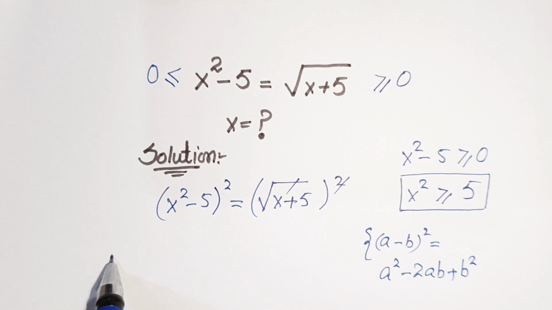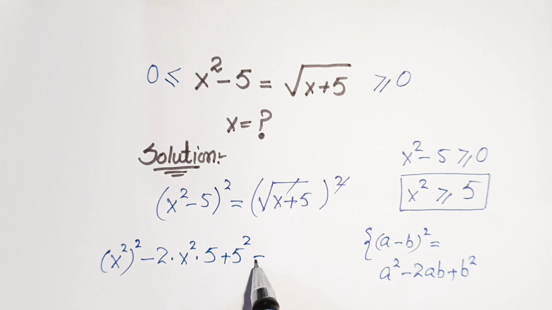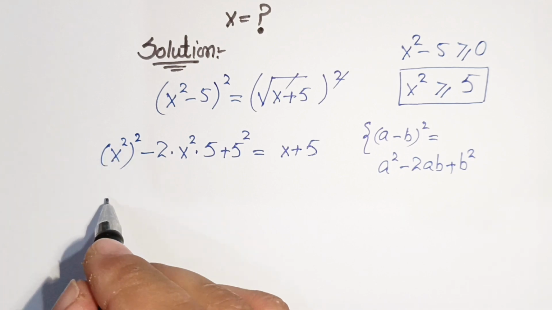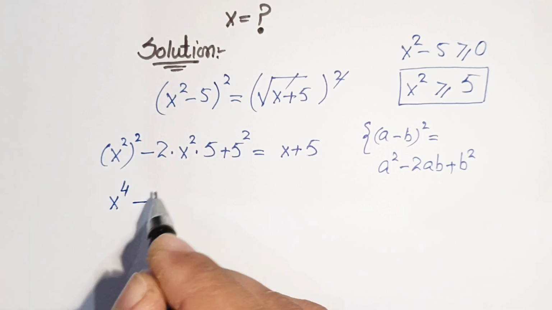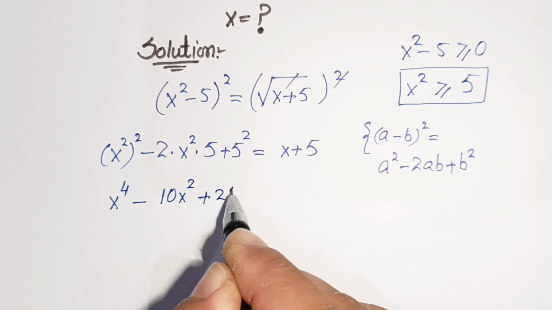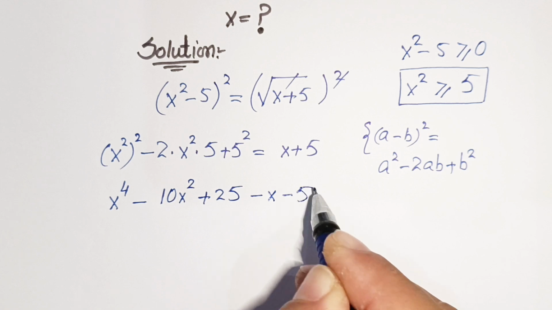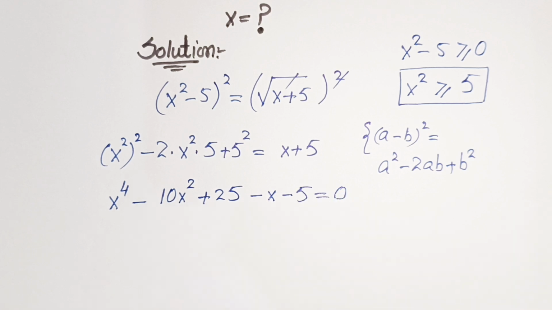So we have x squared whole squared, minus 2 times x squared times 5, plus 5 squared, is equal to x plus 5. Now x squared whole squared is x to the power 4, and minus 5 times 2 is 10x squared, plus 25. Shifting these two terms, negative of x and negative of 5, is equal to 0.